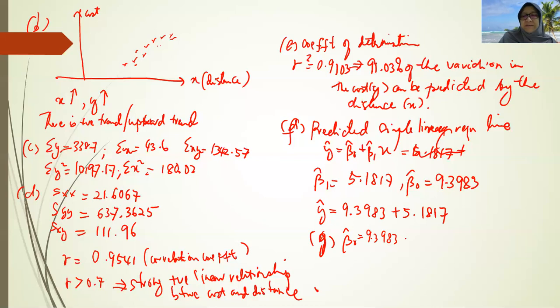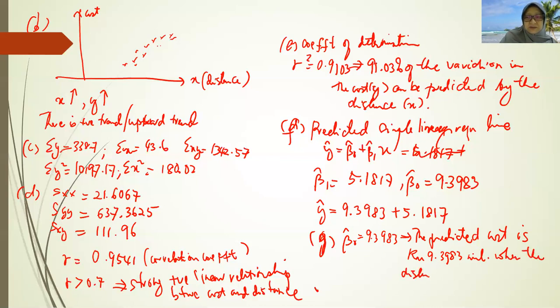That means the predicted cost of fire damage is RM 9.3983 million when the distance is 0.